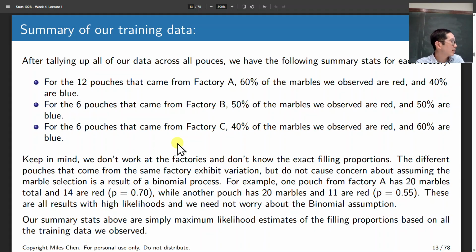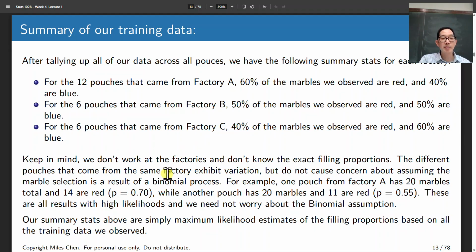So therefore, based on the data we've collected so far, if you ask me, what do you think is the proportion of red marbles coming from factory A, we're going to say factory A, 60% are red. Okay, at factory C, 40% are red, so on and so forth.